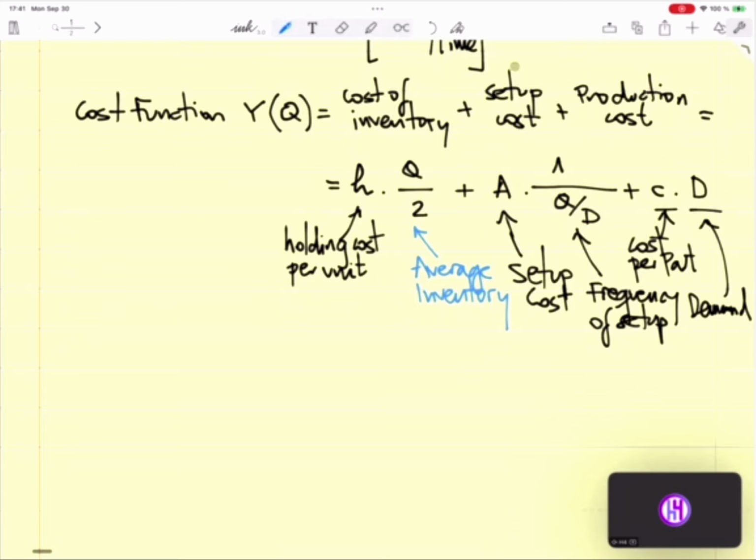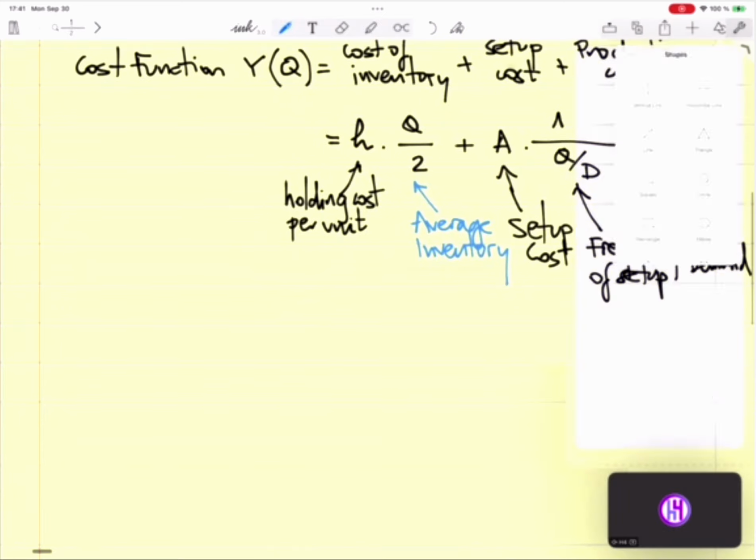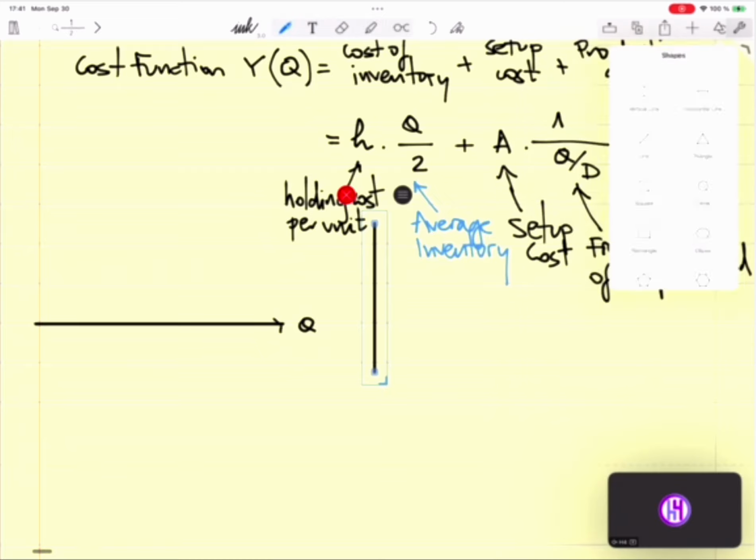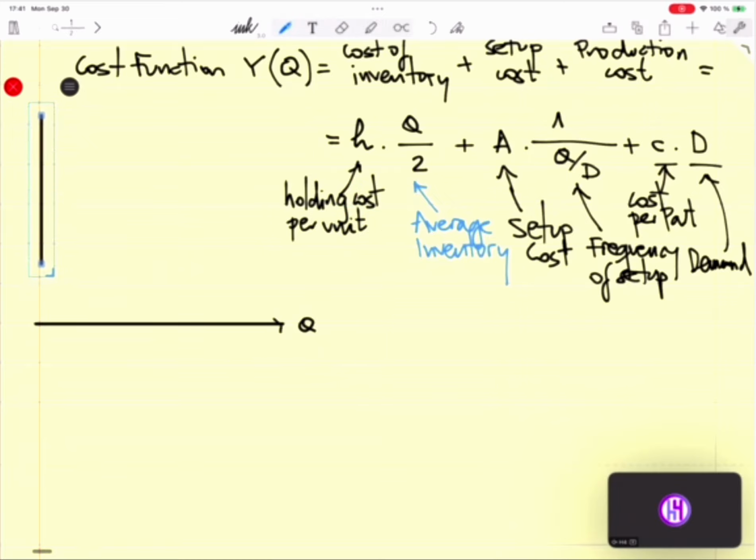Let me paint it for you. If we represent Q, we want the economic order quantity, so the best Q to reduce the cost. We want to find the minimum of this function.